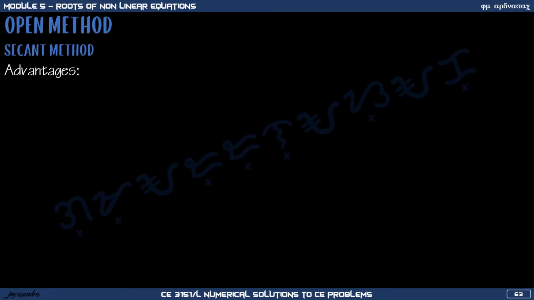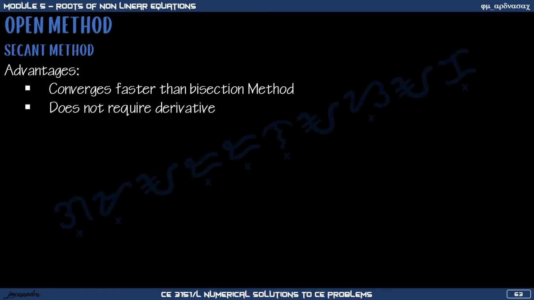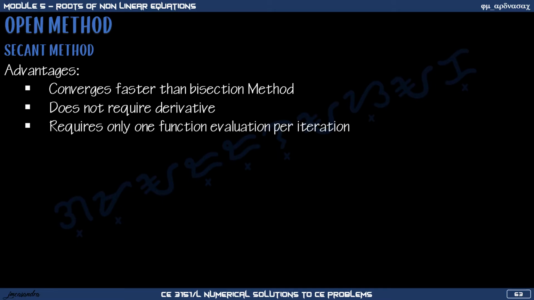For the secant method, there are several advantages. It would converge faster than the bisection method. It would not require a derivative. So if you are having a hard time finding derivatives of equations, then the secant method is for you. But if you are good at finding derivatives, then you can use the Newton-Raphson method.